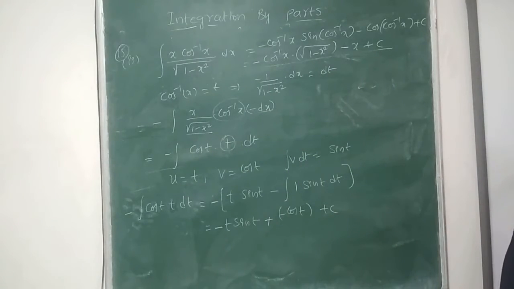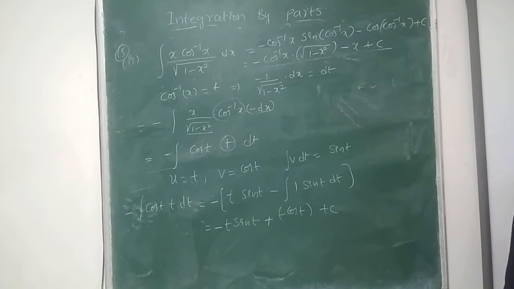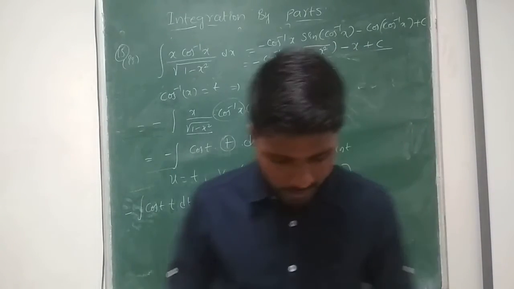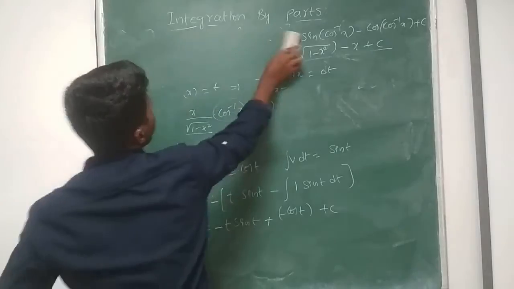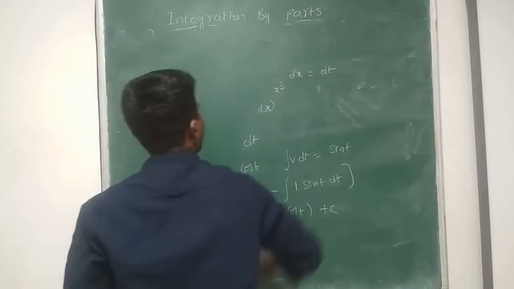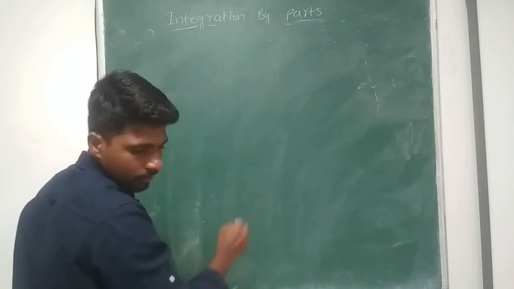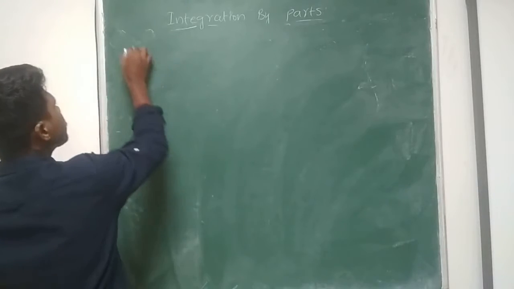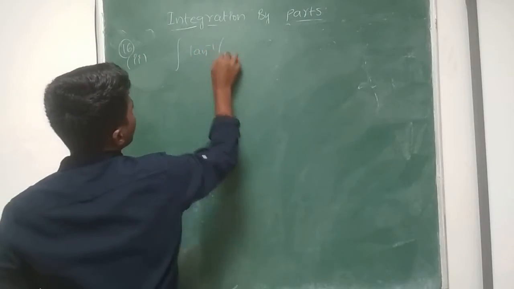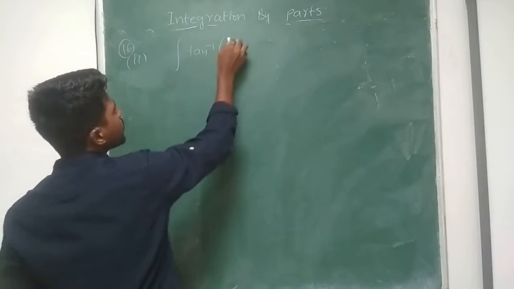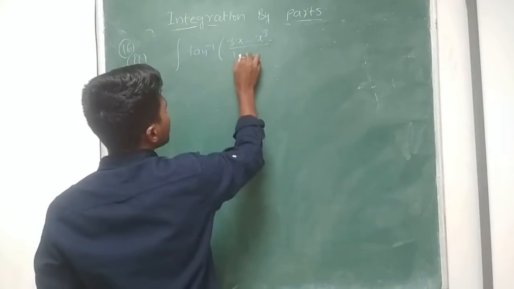Next question. Integral tan inverse of 3x minus x cube by 1 minus 3x square dx.